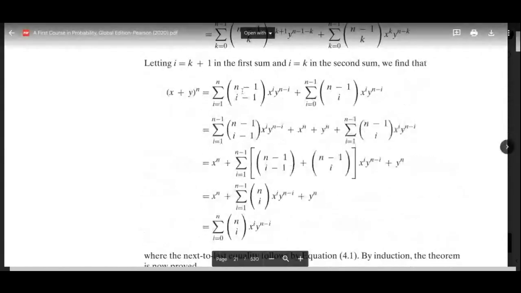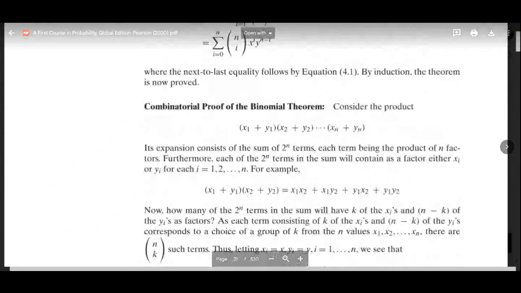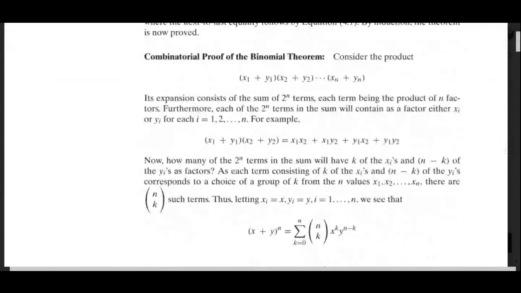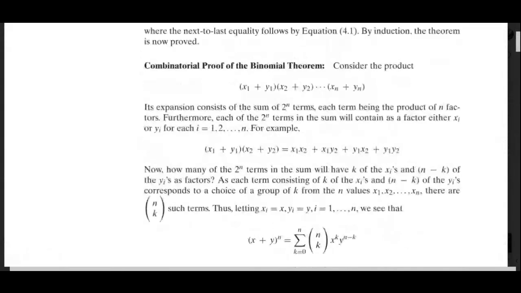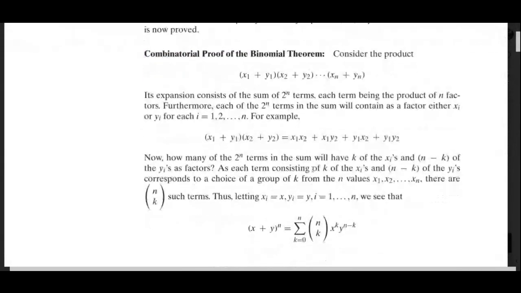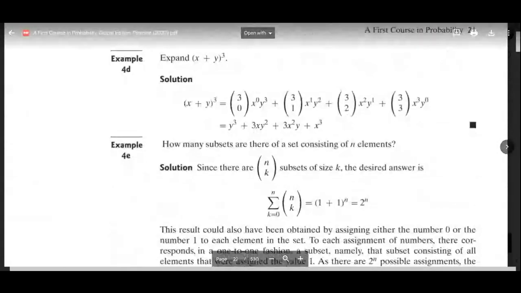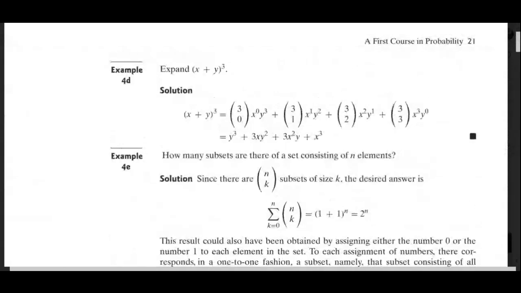So this is using the identity. This is a combinatorial proof for the binomial theorem, basically using counting principles and combinations.